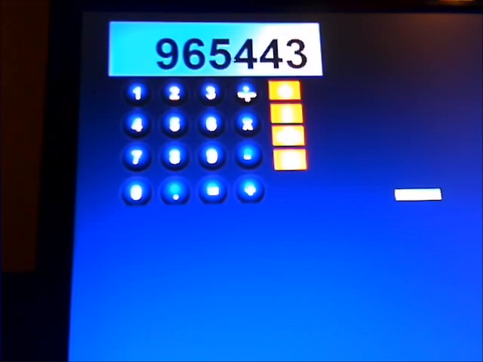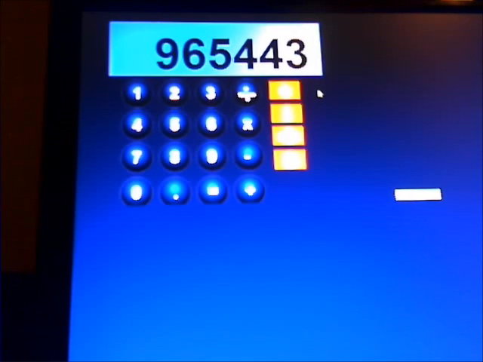Okay. Now, there we have it. This is our next example. 965443. Right. So step 2 is going to be putting them in ascending order, because that was descending order there. It's a little bit different from writing it down. It's a little bit more complicated when you're using the big blue calculator.